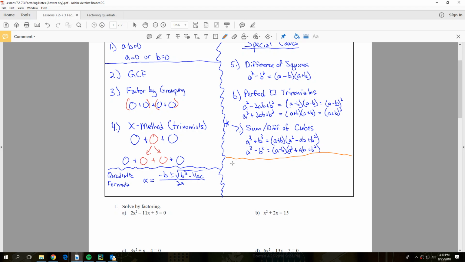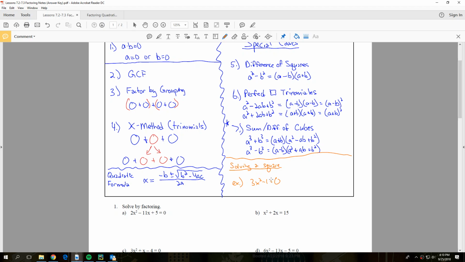So say, for example, I'm just going to make up an example here. Say you had 3x squared minus 1 is equal to 0.